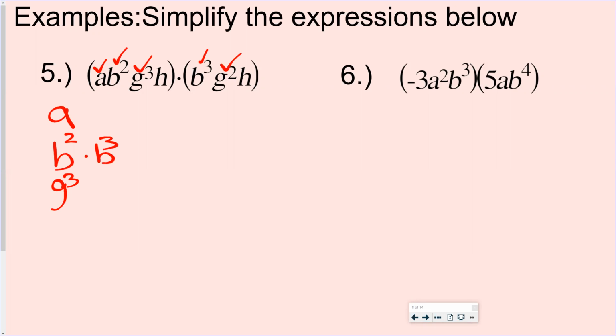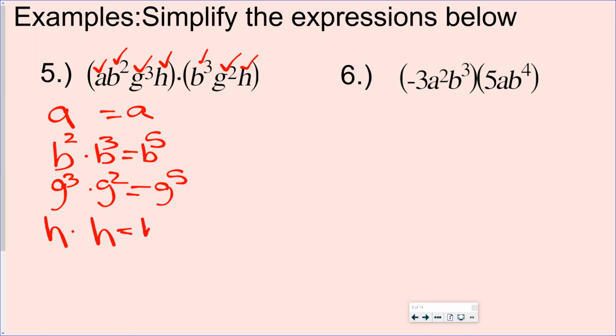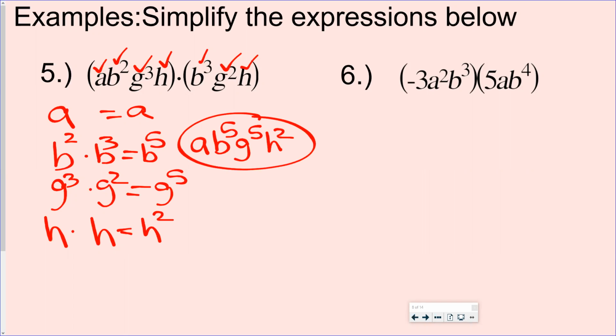Yes, I do. h. And I still have another h. Did I get all my letters? Yes, I did. So a, I still have a. b, when I add the exponents, I get b5. g's, I get g5. h's, I get h2. The only thing I need to do at the end is put all these letters together: a, b5, g5, h2 as my final answer.